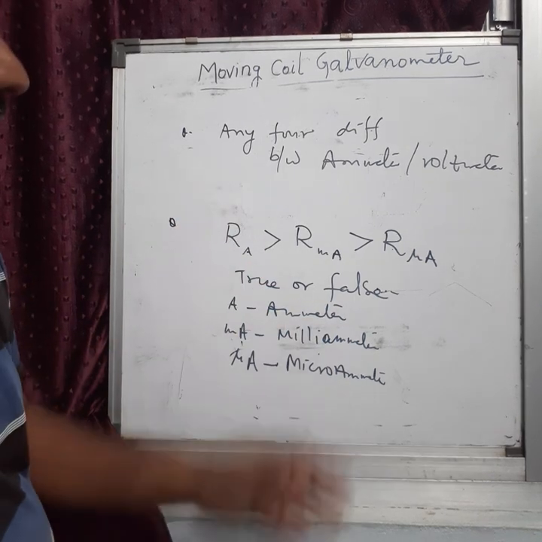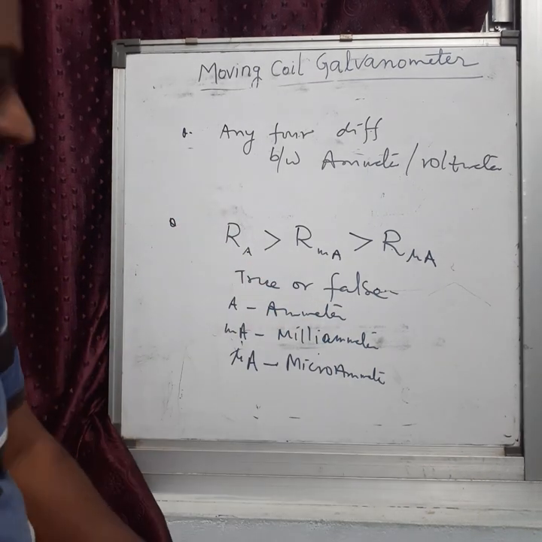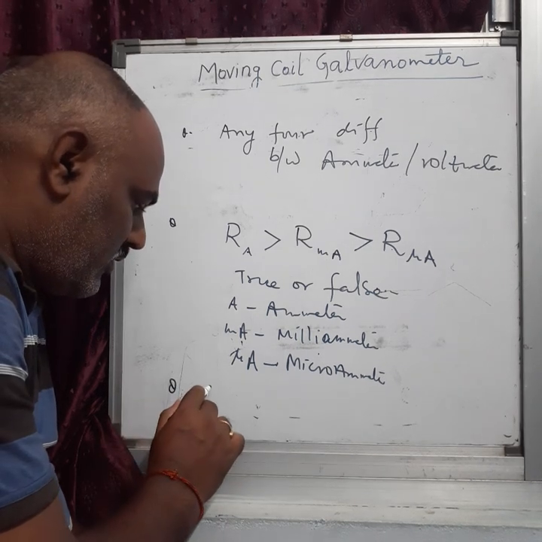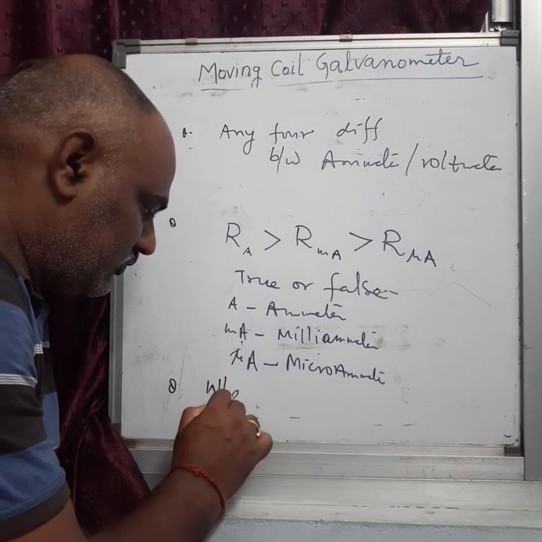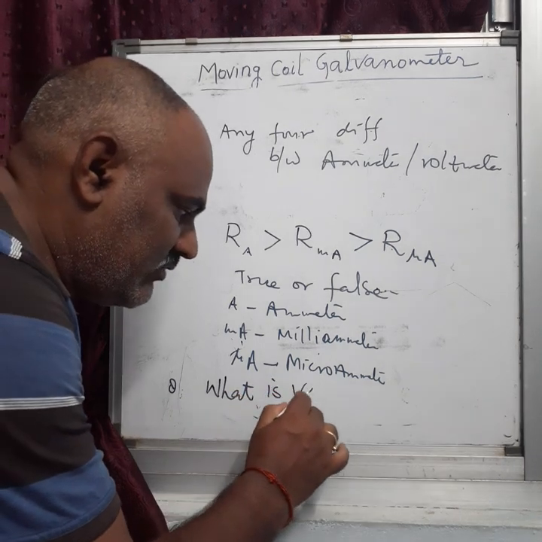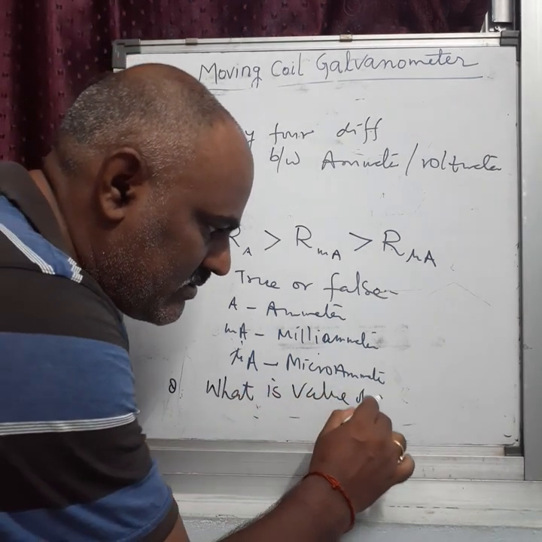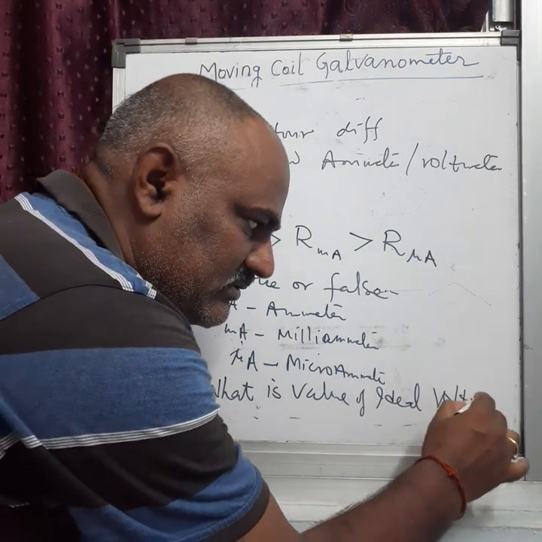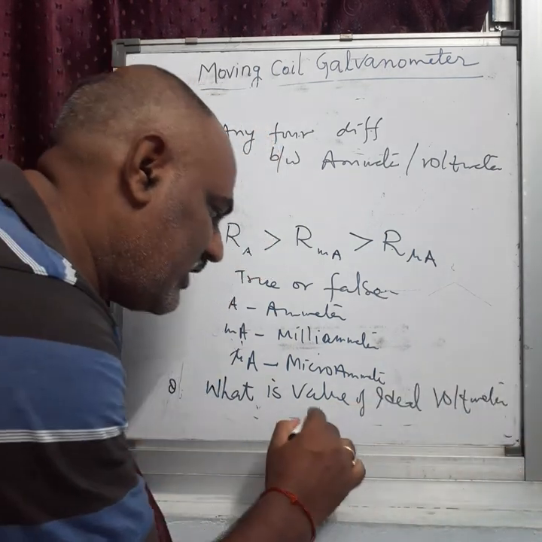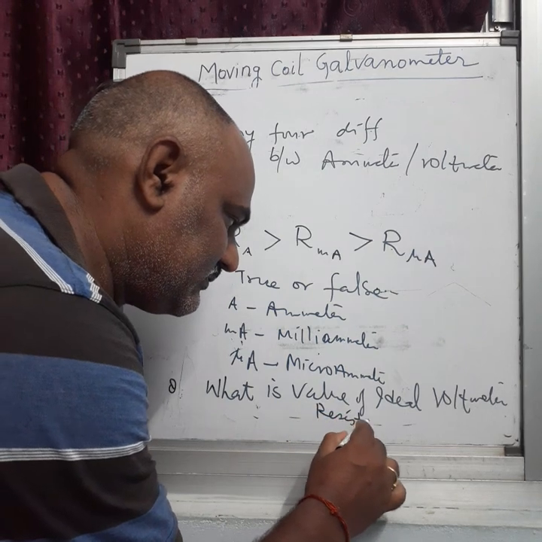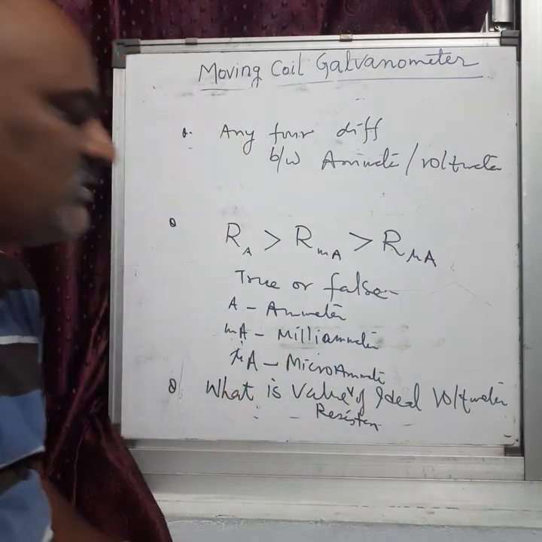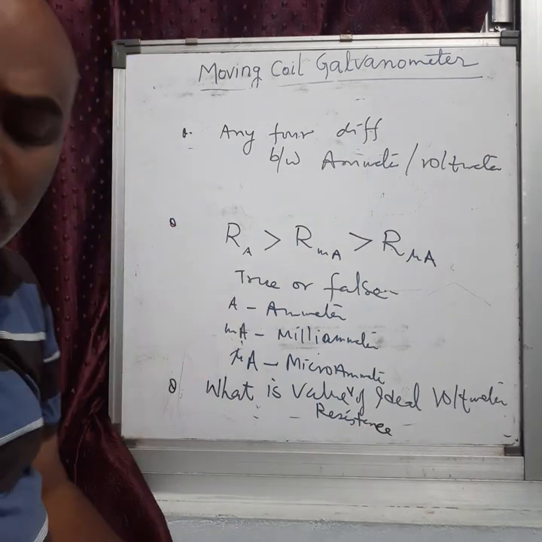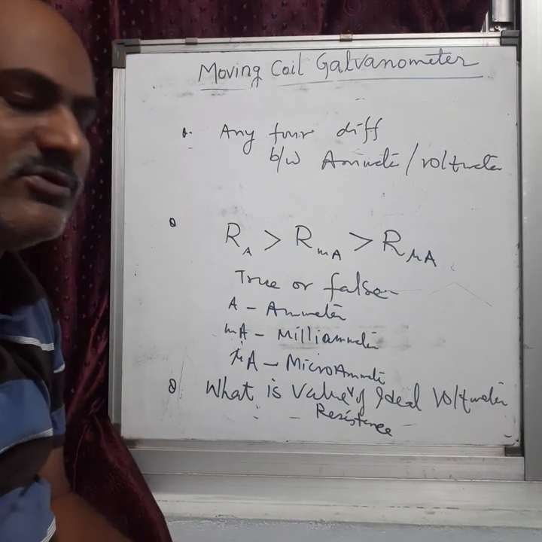And similarly for voltmeter. Now see, what is the third question? What is the value of resistance of an ideal voltmeter? So these are the few questions based on the galvanometer.